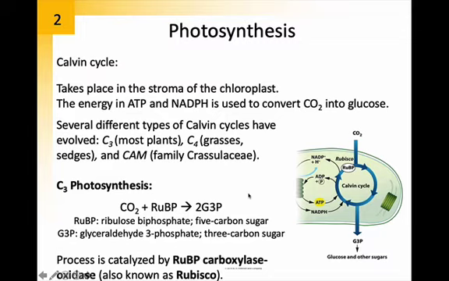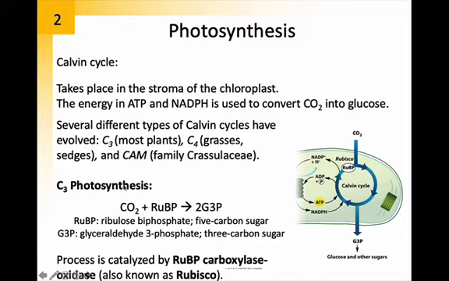Okay, so the basic thing that happens in C3 photosynthesis, which is what occurs in most plants, is that Rubisco, ribulose bisphosphate carboxylase, takes this carbon, adds it to RuBP, and forms 2 3-carbon sugars. So it's 3 carbons.